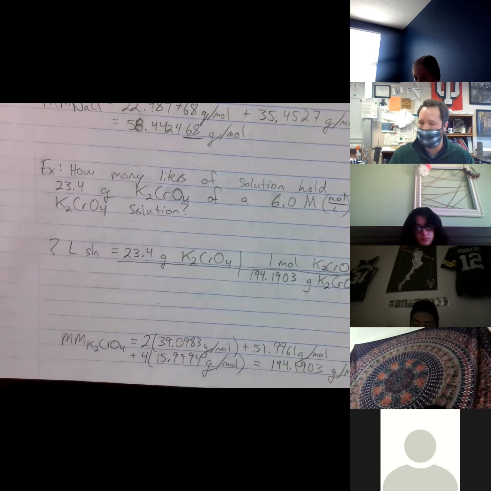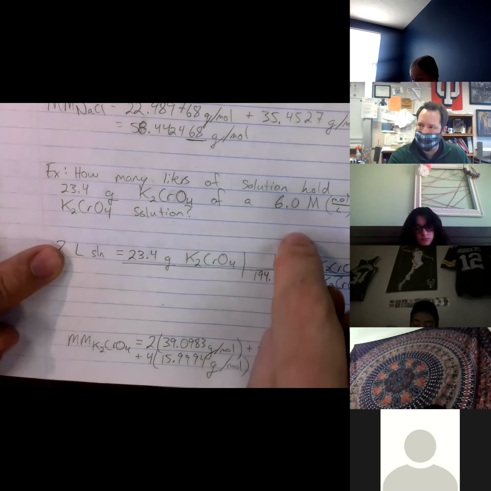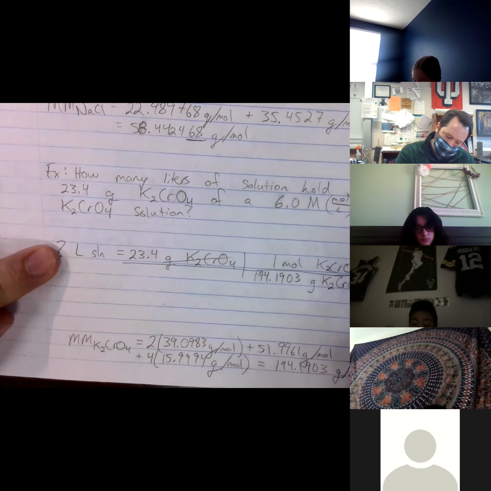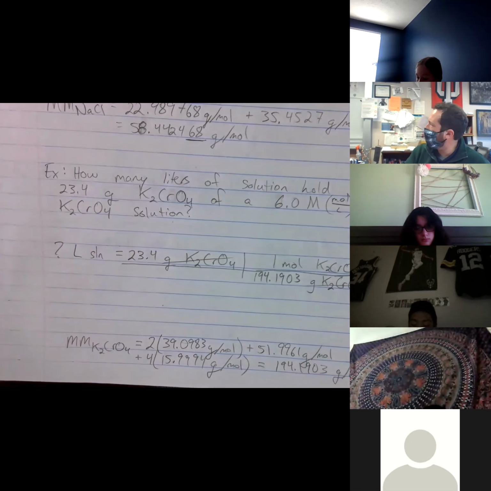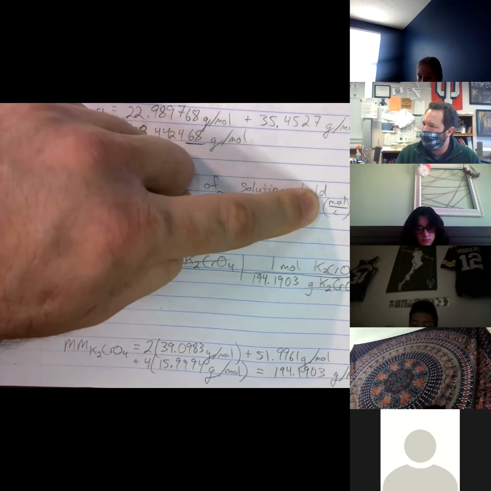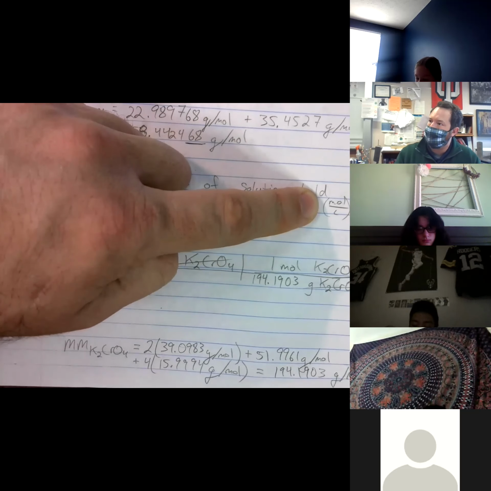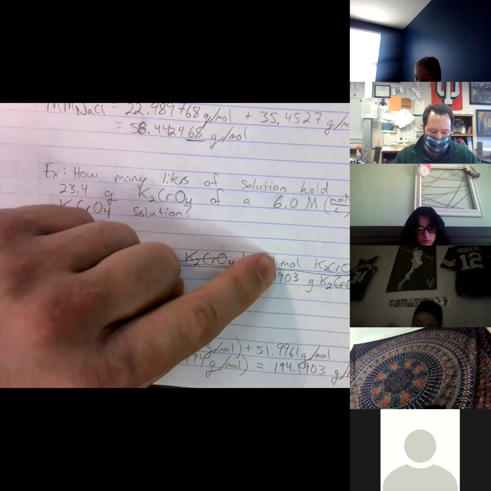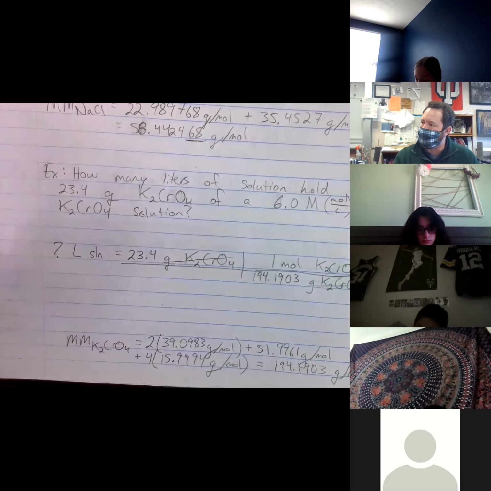And then final step, again, we're looking for liters. Right now we have the moles. If you want to, you can cancel out that grams. Grams is gone. Last step, look at our concentration. Look at that molarity. That'll allow us to go from moles to liters.